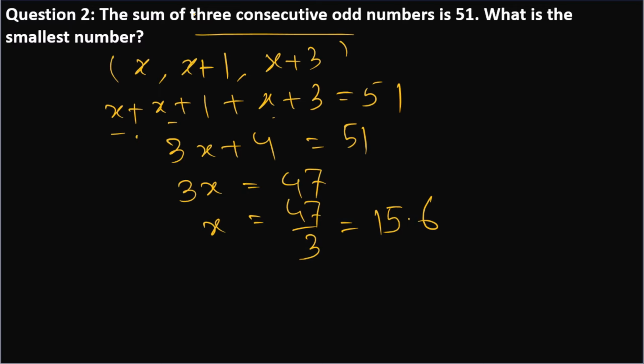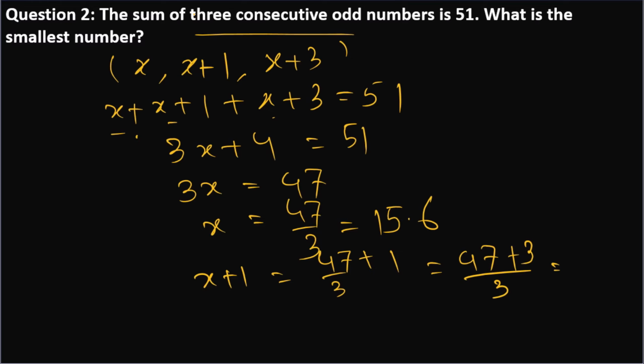So the next number will be x plus 1, so 47 over 3 plus 3 over 3, we get 50 over 3.